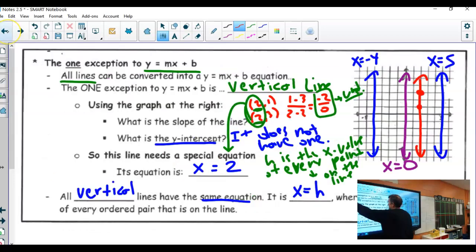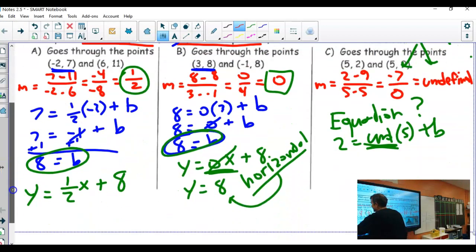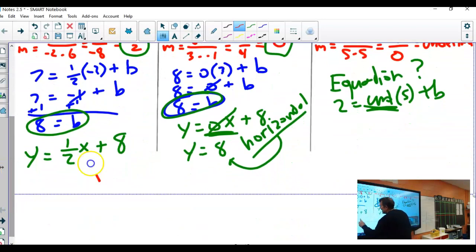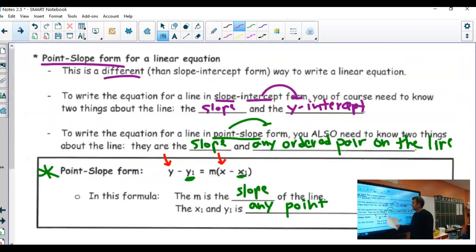Just like they stayed in the equation back here, right? When we wrote equations back here, we still had an x and a y in our final equation in slope-intercept form. Same deal. The x and the y stay in the equation. It's the x1 and the y1 that you're going to substitute numbers in for. Those are the two that represent an ordered pair that's on the line.